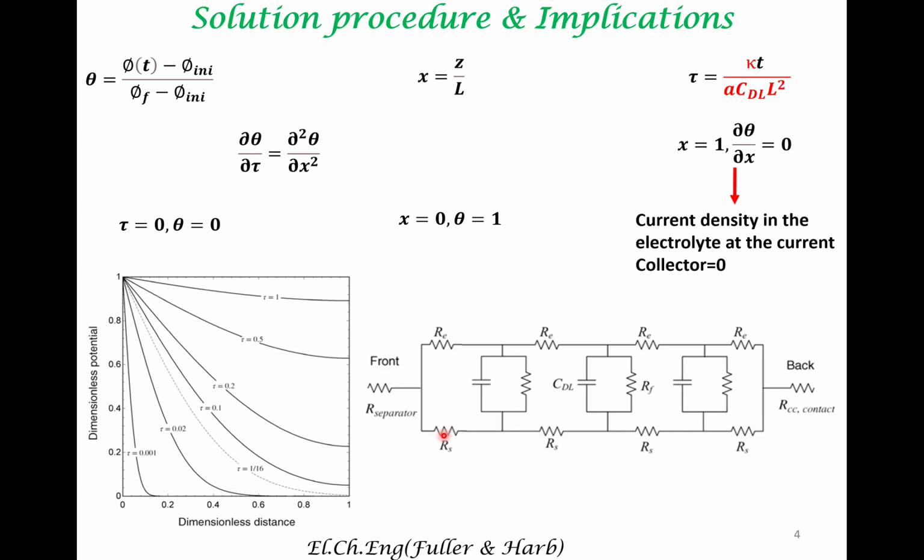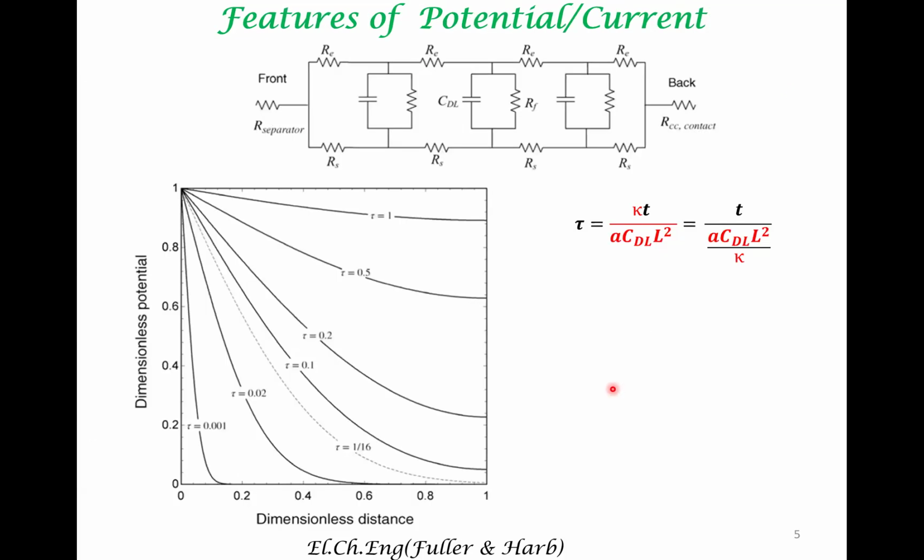Therefore, Rs is 0. We can relax this approximation and analyze it in the next lecture. For now, this is 0. All we have is this resistance and capacitance because there's no Faradaic reaction. Therefore, this is also 0.